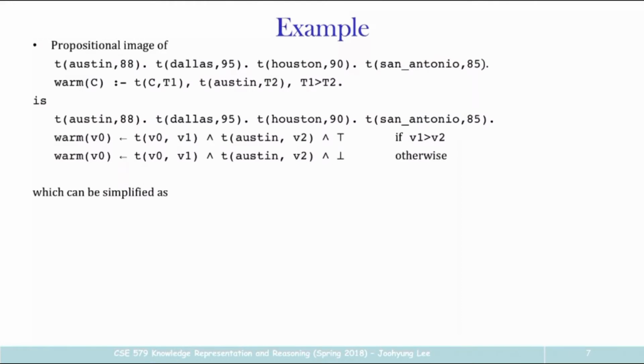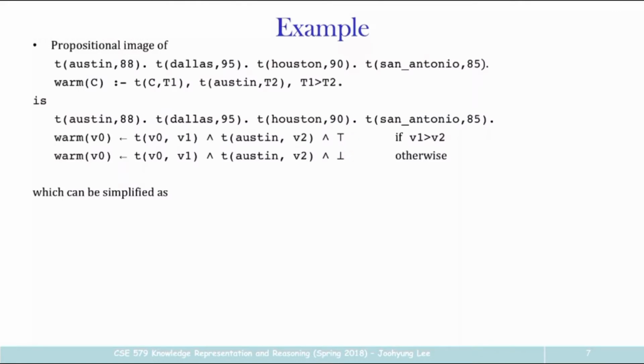Now, what I wrote as top and bottom obviously comes from this symbol: T1 is greater than T2. If this relation is satisfied when you replace T1 with some element V1 and T2 with some element V2, and this particular instance satisfies the relation, then we replace the comparison with top.